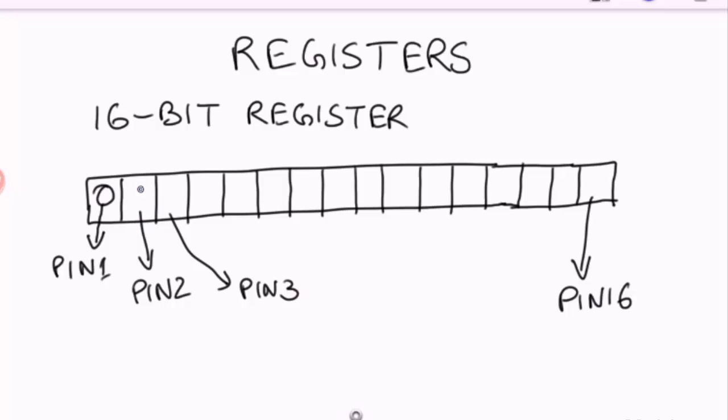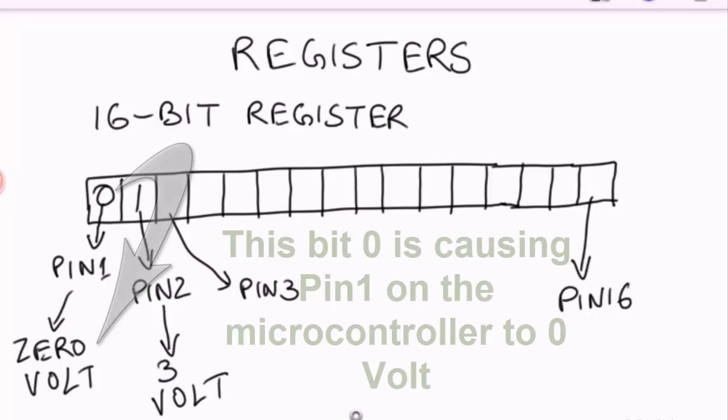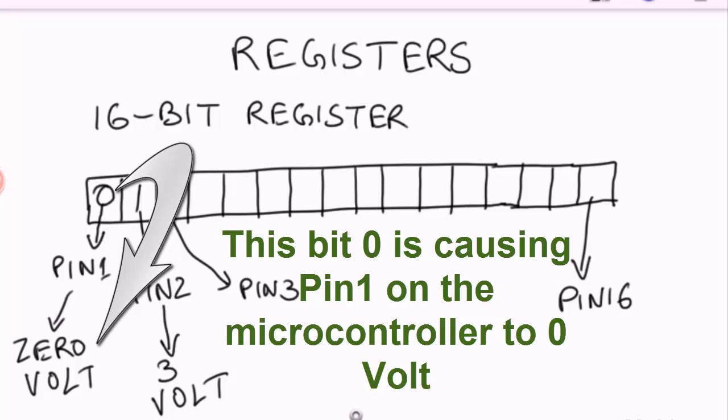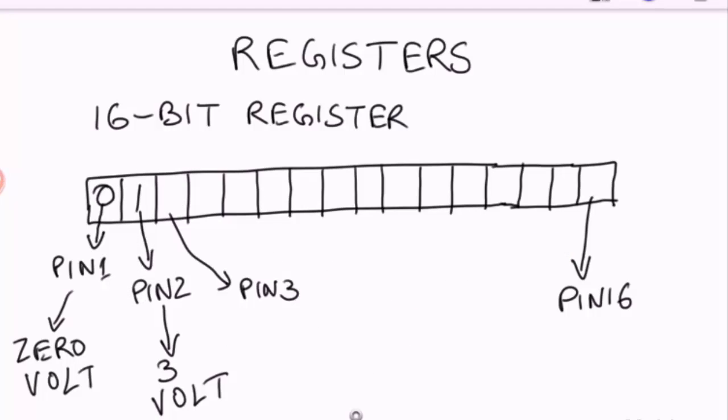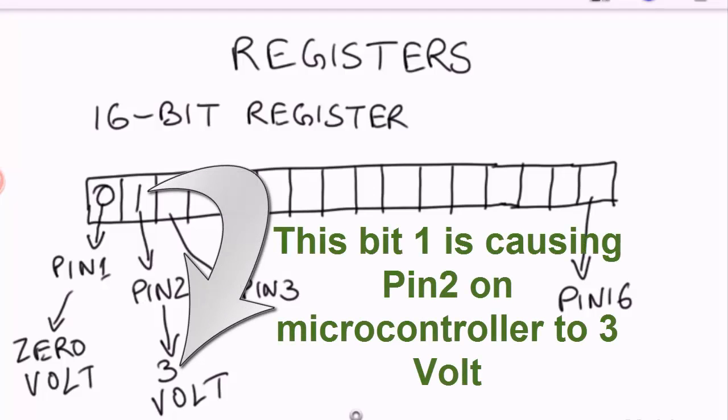So if you write logic 0 on register bit 1, then pin 1 will output logic 0, or we say 0 voltage. And if we write logic 1 on register bit 1, then pin 1 will output logic 1, or we say 3 volts. This similar kind of philosophy is used everywhere in microcontroller programming, and the same principle we will use in our program also.